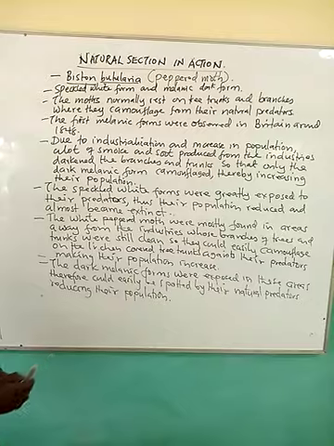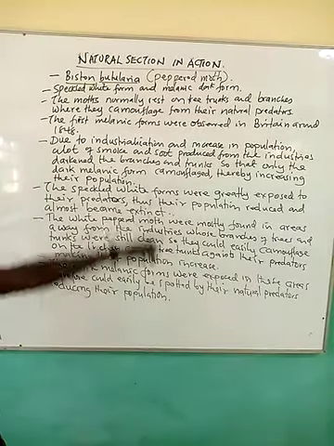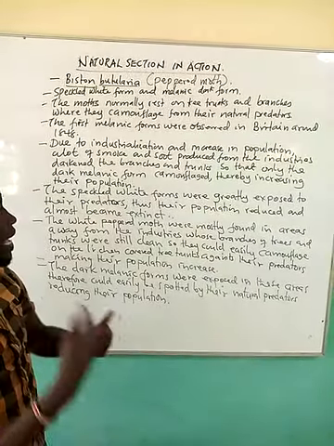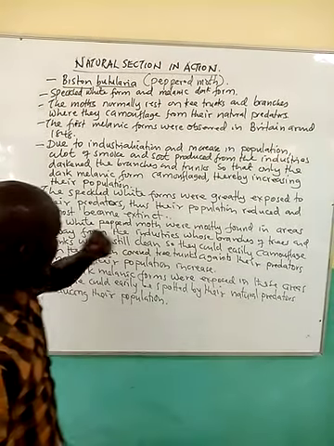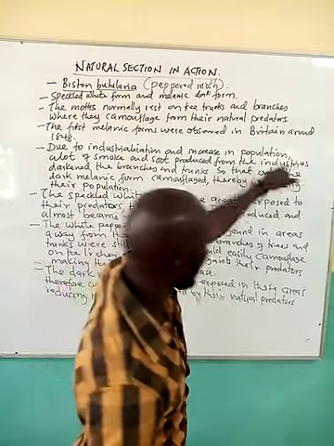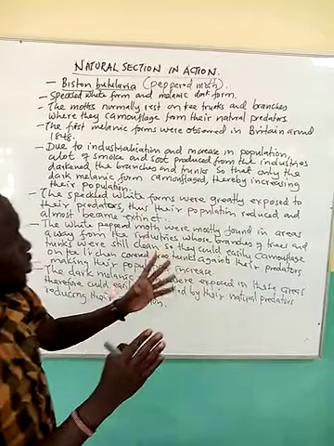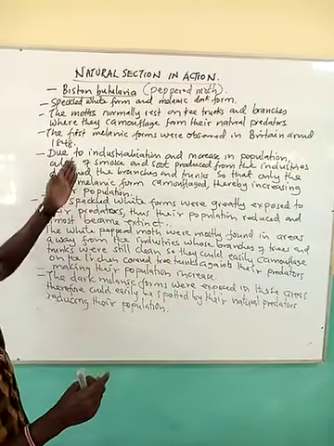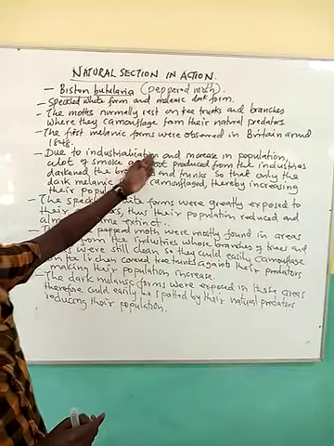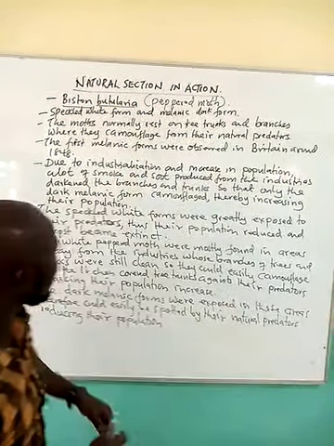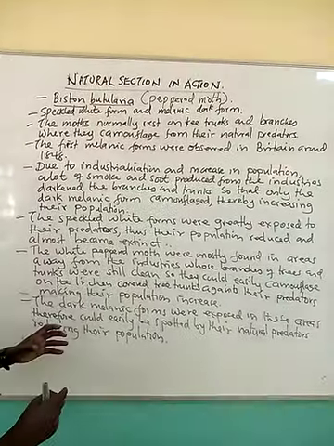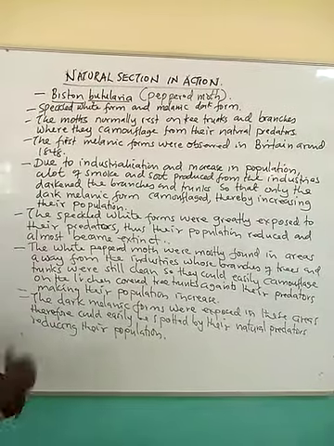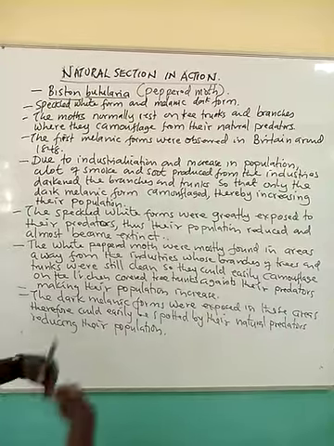What happened during this time? Due to industrialization, that is, the areas were highly industrialized and increase in population. Sometimes you can ask yourself, why do we talk about industrialization and also increase in population? People will tend to occupy areas that are having industries because of maybe job opportunities or even production of food.